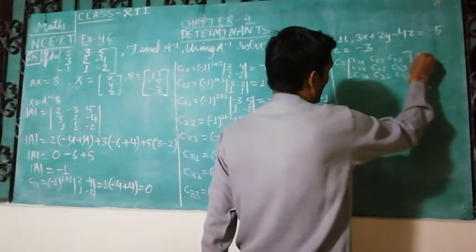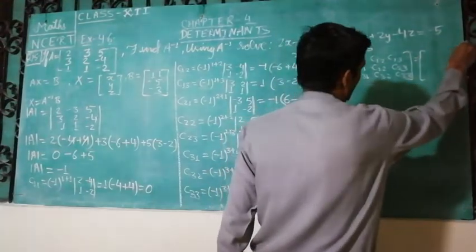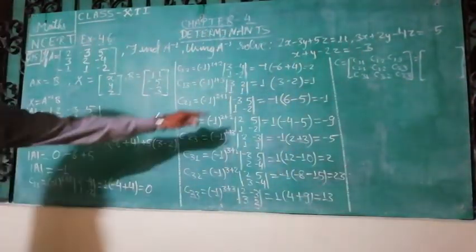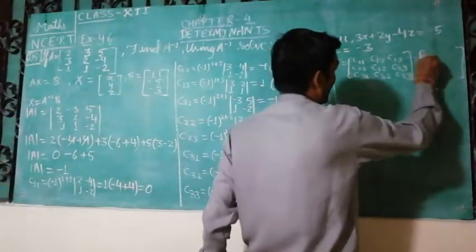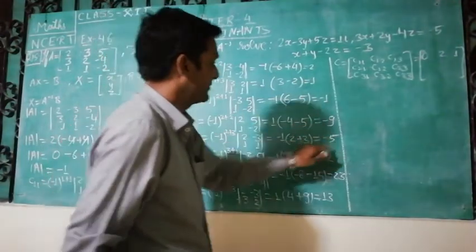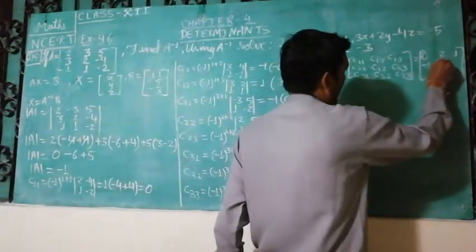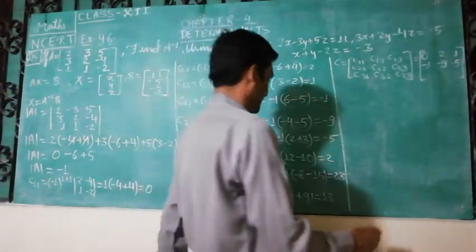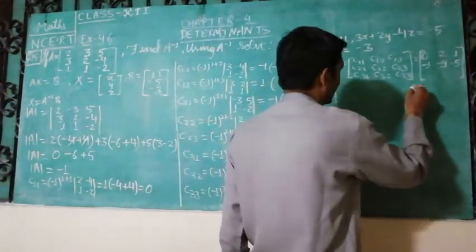So it will be equal to what? Let us find out what these values are. See, 0, 2, 1 will be here. And then minus 1, minus 9, minus 5. And here it is 2, 23, 13.